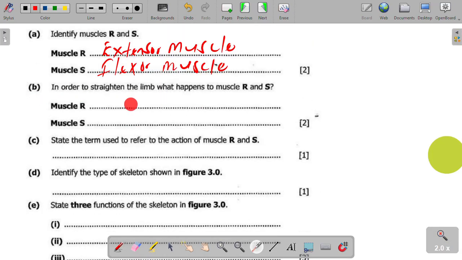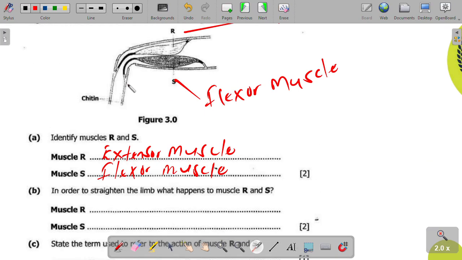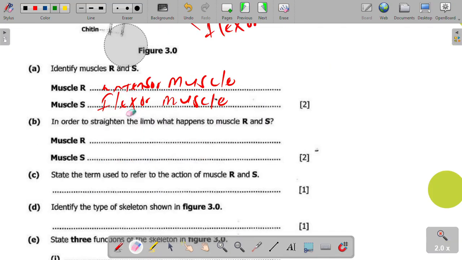B. In order to straighten the leg, this is not straightened. It has to be straightened by moving in this direction. This part here has to move in this direction for it to be straightened, but it is not straightened here. That's what the question is focusing on. Let's continue reading the question.